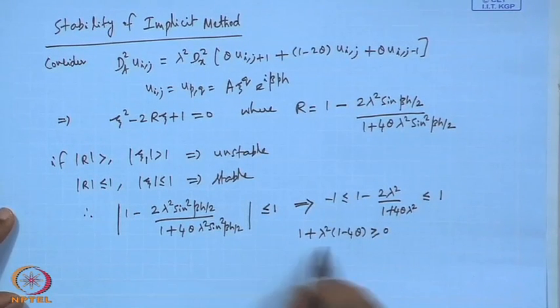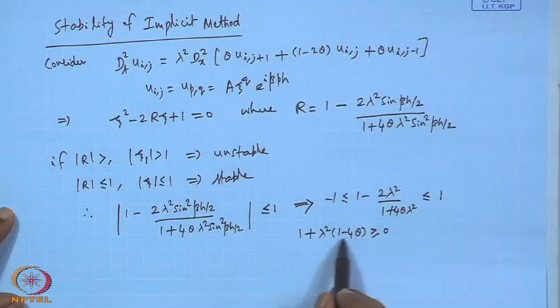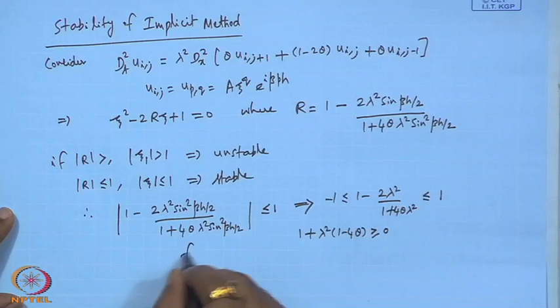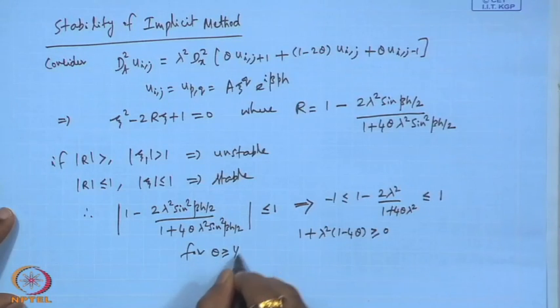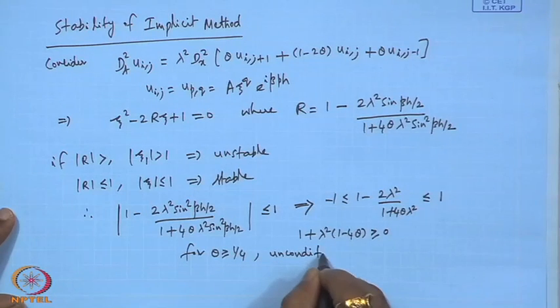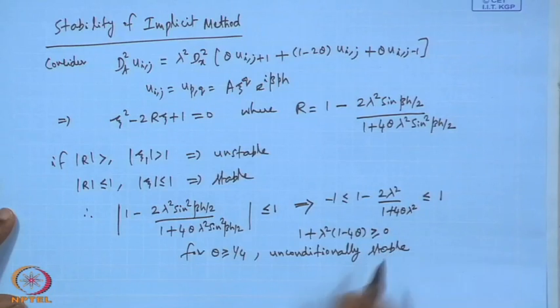So, this means from here, see, this must be greater than or equal to 0. So, if we pick theta greater than or equal to 1 over 4, so that this stays positive. So, we get remark for theta greater than or equal to 1 by 4, unconditionally stable, okay, because of this, right.